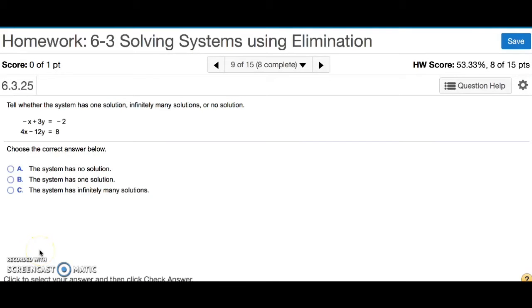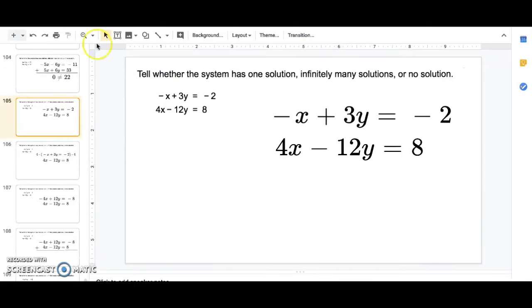Number 9 has us again determining whether the system has one solution, infinitely many solutions, or no solution. So let's go ahead and figure it out. So we have both of our equations. Now looking at my x's and y's, I can make them both the same number by multiplying the same number, because 4 times -x gives you -4, 4 times 3 gives you 12.